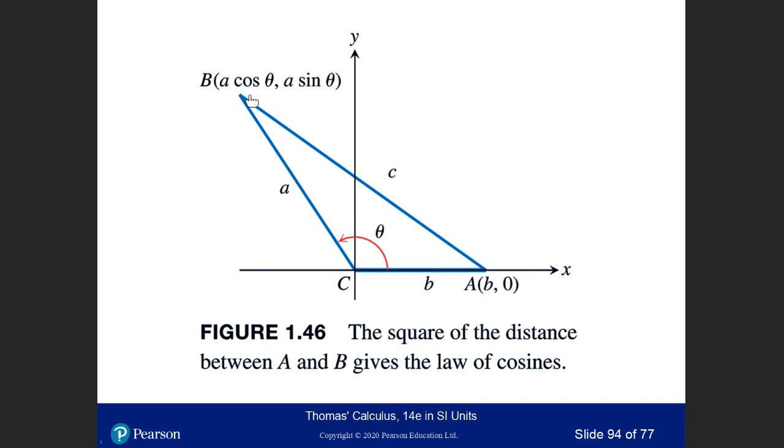Now the height is a sine theta. So a sine theta squared is the opposite side squared, and the adjacent side is a cosine theta minus b.